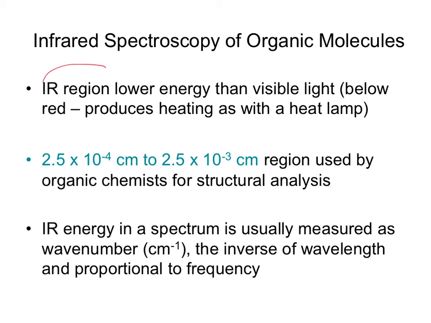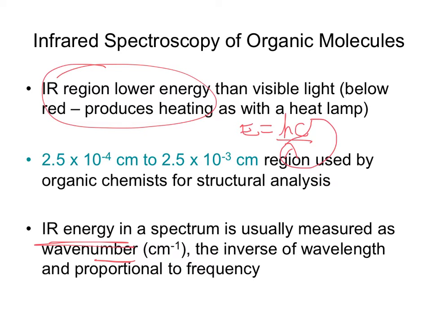Now, like I said, IR is the region of low energy, and we are saying that E is equal to hc over lambda. The energy in the spectrum is measured in what is called a wave number, which is 1 over lambda, in centimeter inverse. You can call it the inverse of wavelength, and hence it is a parameter which is proportional to the frequency.